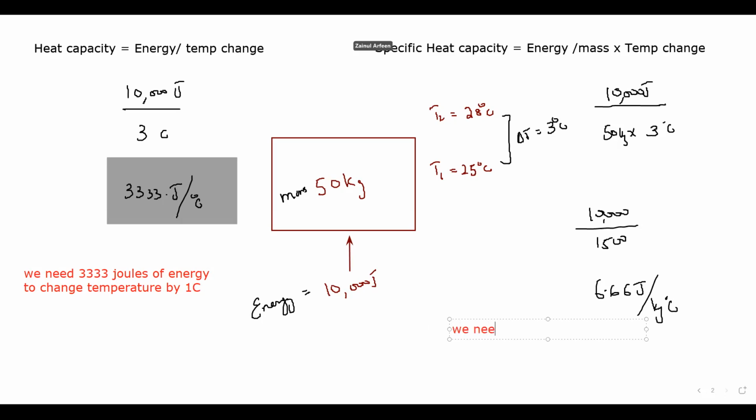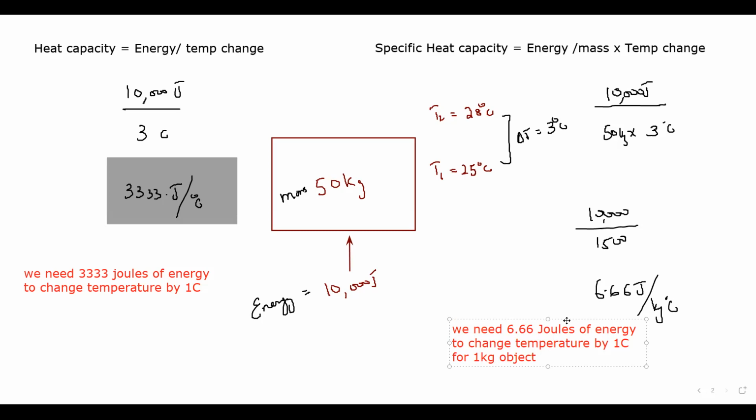It means we need 66.6 joules of energy to change temperature by 1 degree centigrade for a 1 kilogram object.